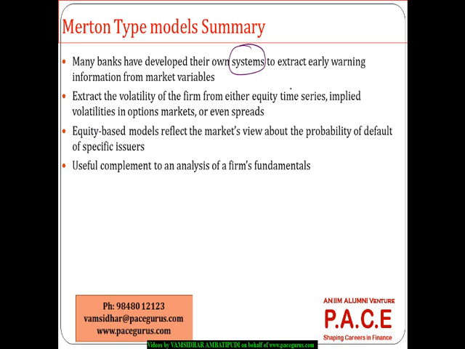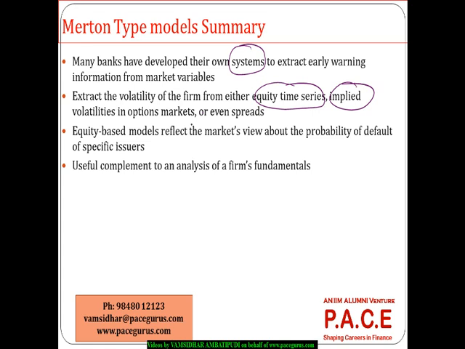Some of them have developed models based on the equity of the firm. Some of them have come out with implied volatilities from the option markets. So they have done some small tweakings to their original model to suit their requirement.